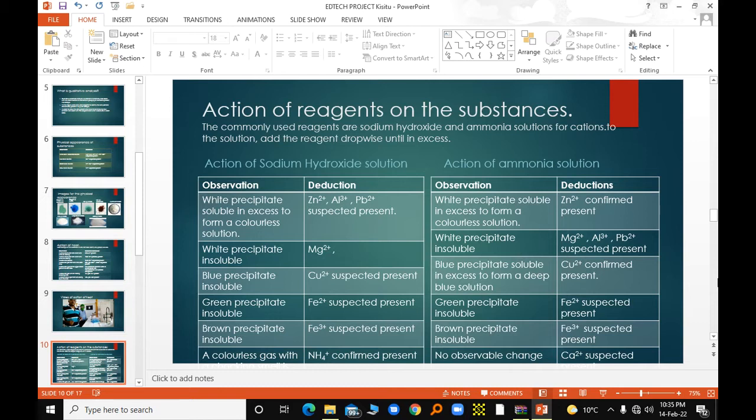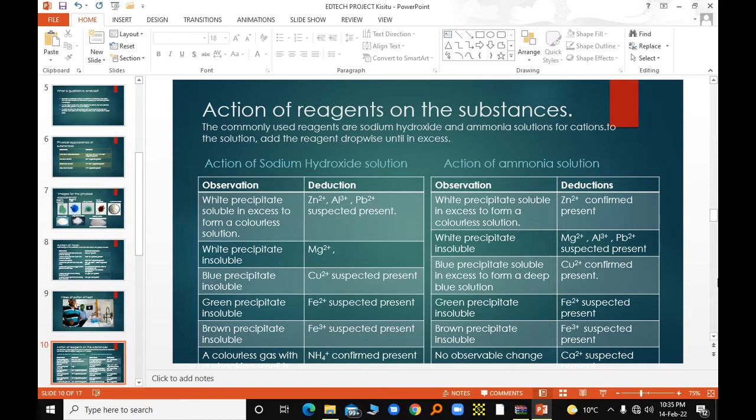Whenever you see something like white precipitate soluble in excess to form a colorless solution, as in when you added the reagent, you first form the precipitate. As you added the reagent in excess, the white precipitate disappeared to form a colorless solution.